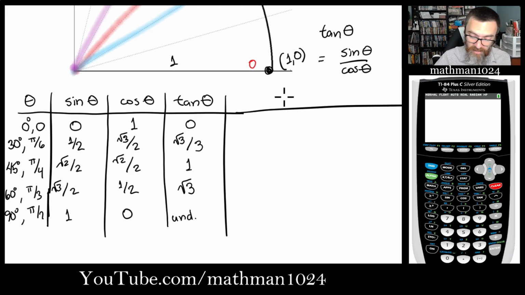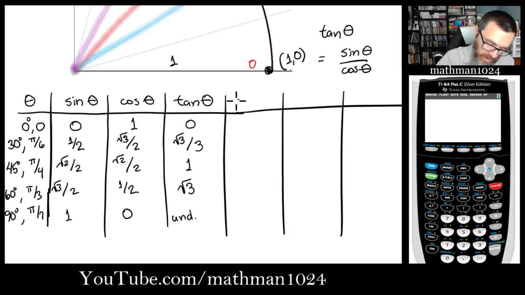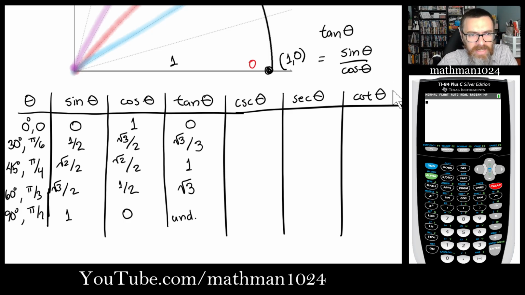Now, if we start bringing in the other trigonometric functions, so let's do cosecant, secant, and cotangent, and see how these guys fare. So with cosecant, it's supposed to be the reciprocal of sine.